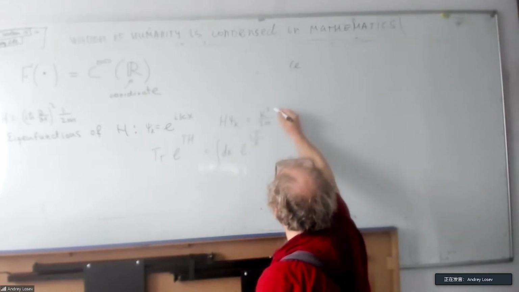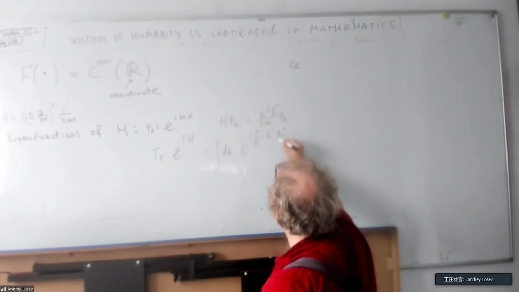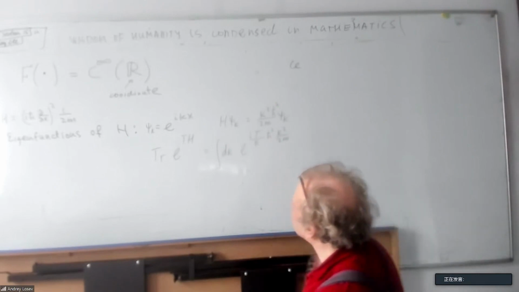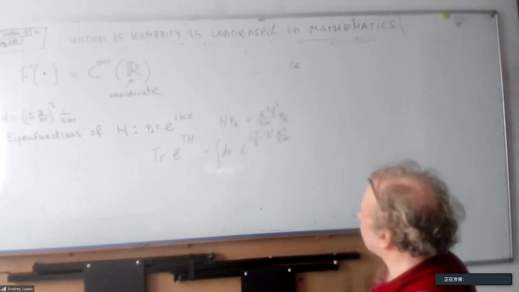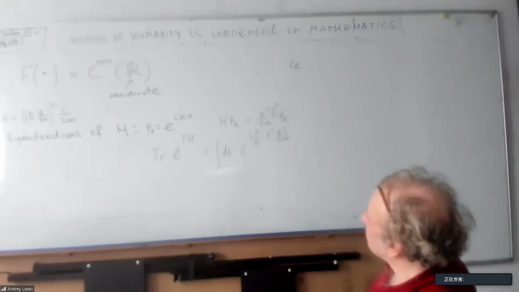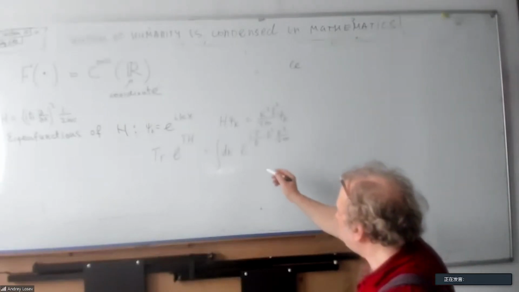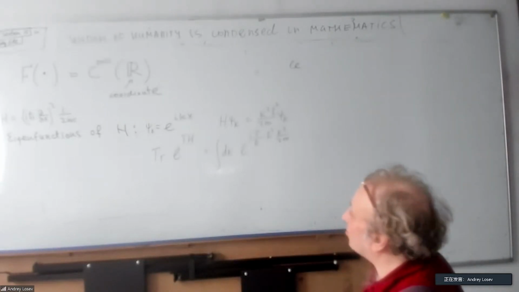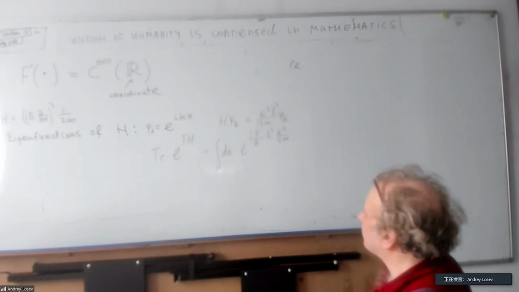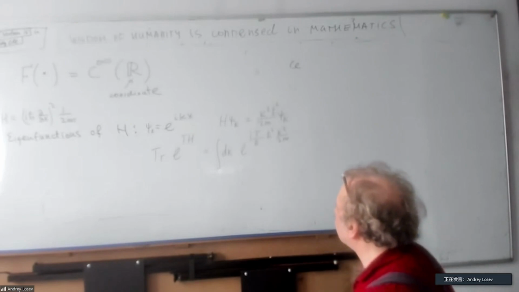Here I made a mistake. h-bar squared k squared over 2m. Well, very good. I'm happy because I have an exponential, and I can compute this integral.